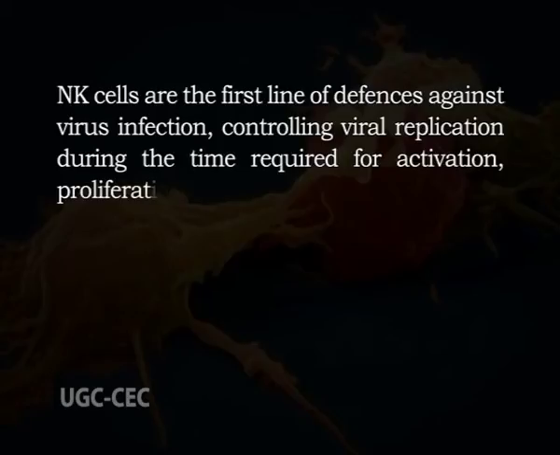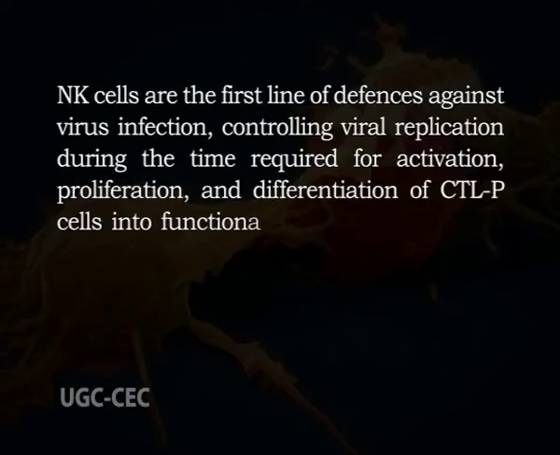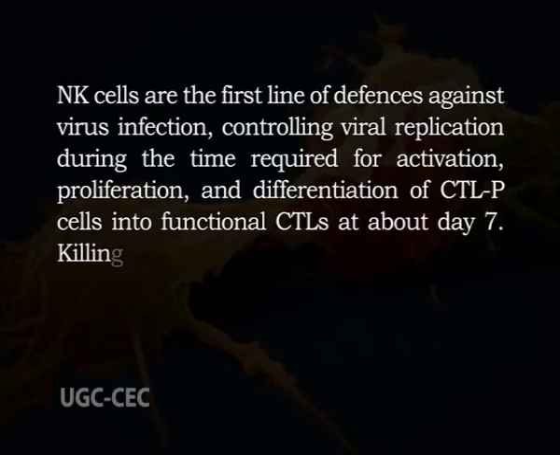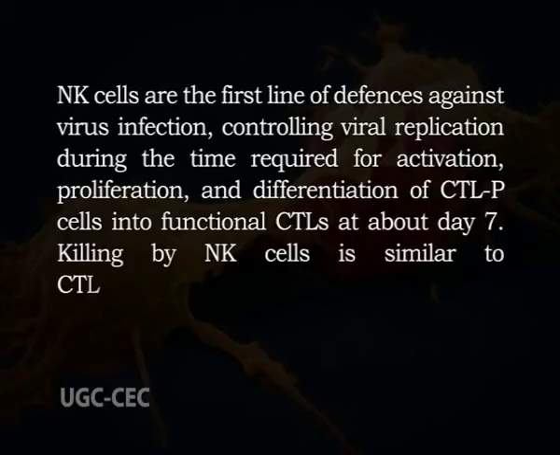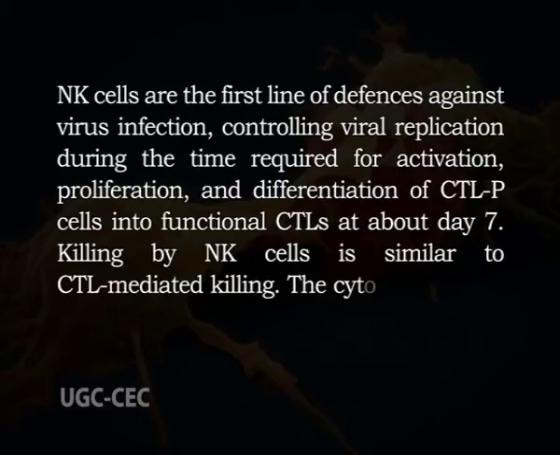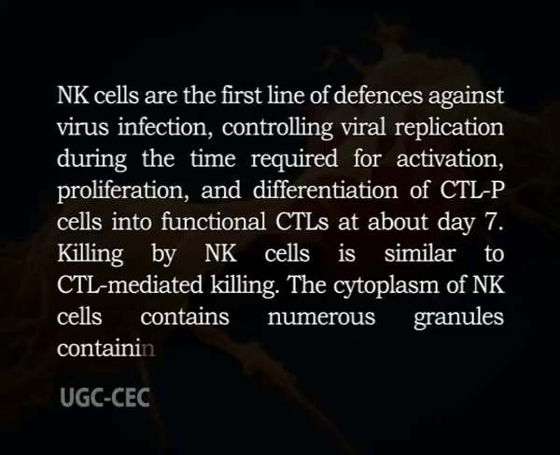proliferation and differentiation of CTL-P cells into functional CTLs at about day 7. Killing by NK cells is similar to CTL-mediated killing. The cytoplasm of NK cells contains numerous granules containing perforins and granzymes. Unlike CTLs, which need to be activated before granules appear, NK cells are constitutively cytotoxic, always having lytic granules in their cytoplasm.